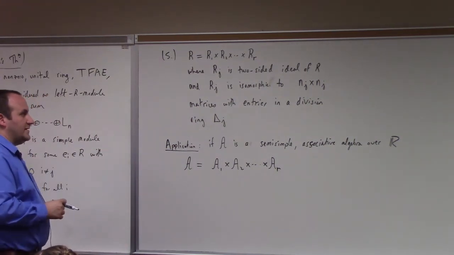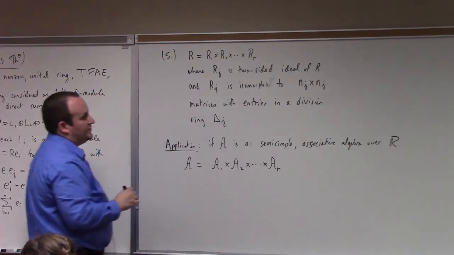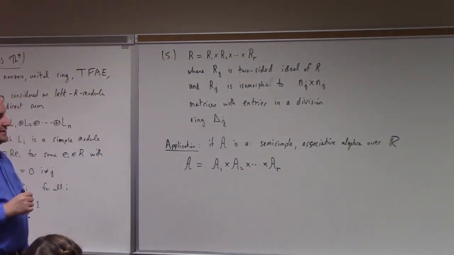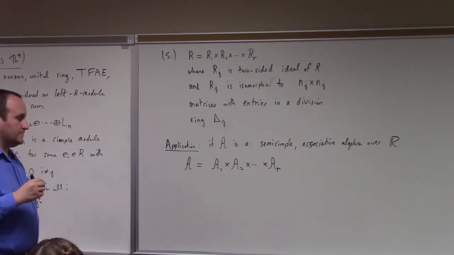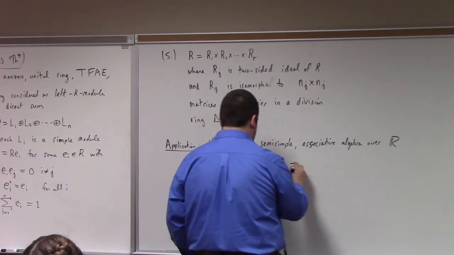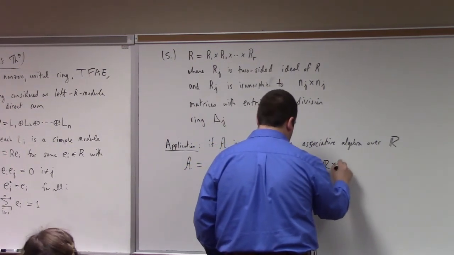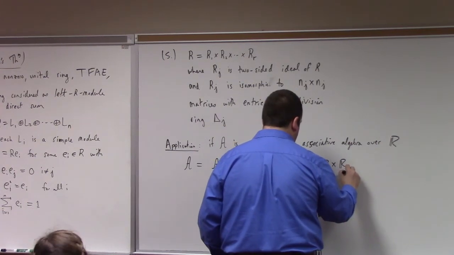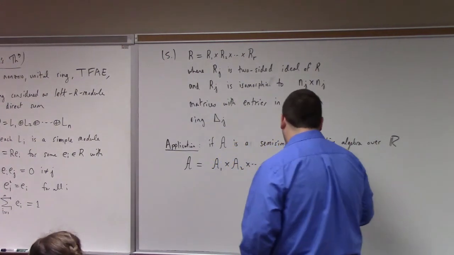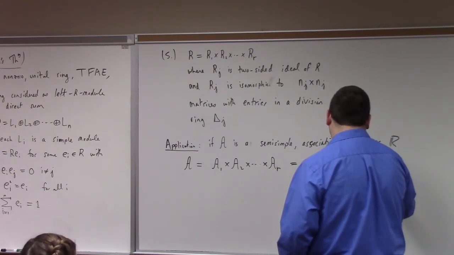What do these look like, though? These A sub R's, these things? They're isomorphic to Nj by Nj matrices with entries in a division ring. So, for example, it could be something like R cross what I would call R sub 2, or it could be C sub 3.